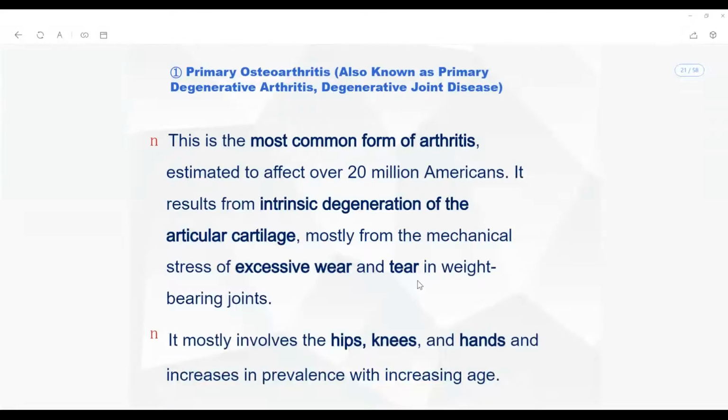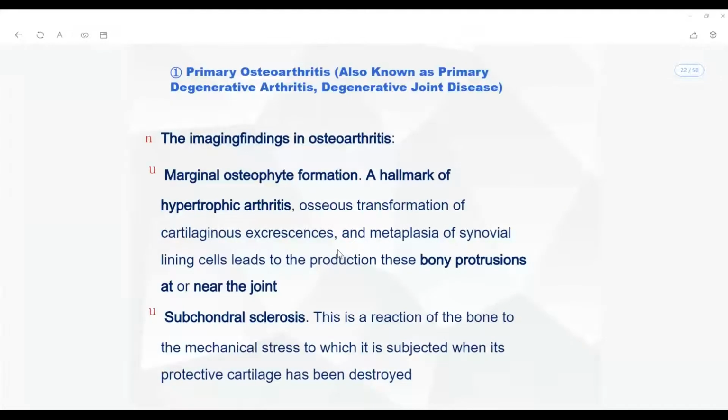The imaging findings are similar to hypertrophic arthritis, where one sure characteristic feature you have to find is marginal osteophyte formation, which is the hallmark, a confirmatory feature of hypertrophic arthritis.